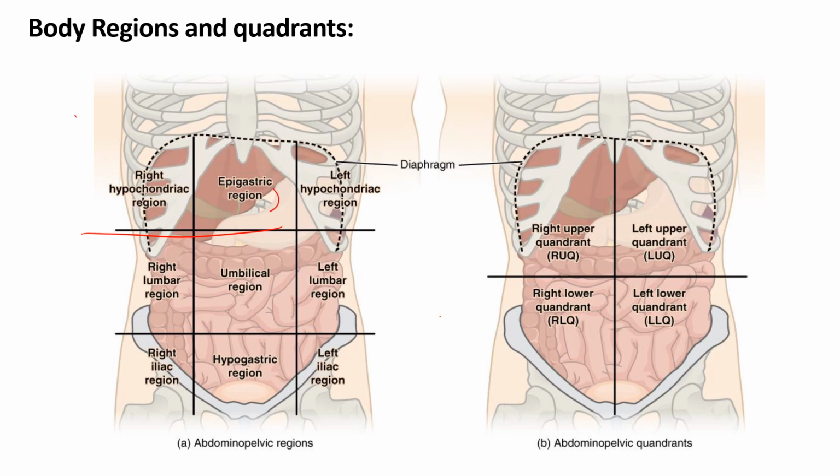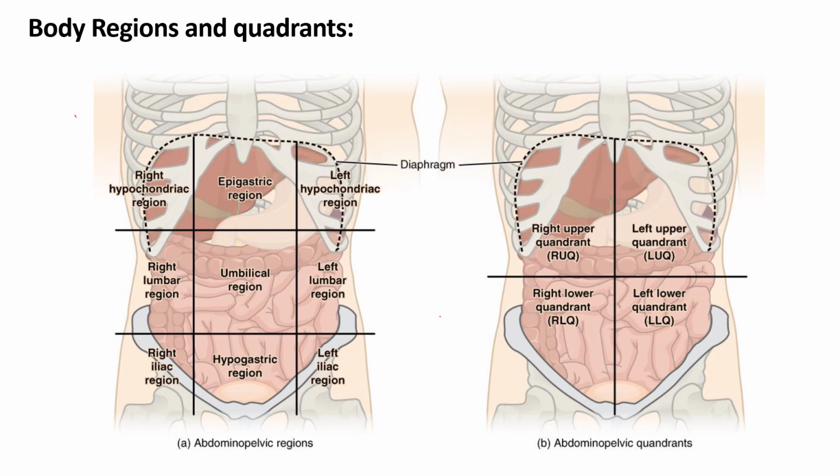If you look at this organ here, this is like a cream color, I think. So this is the stomach. Most of the time when we talk about the stomach, we refer to the stomach as gastric. So epigastric, like gastric acid, like gastritis, inflammation of the stomach.